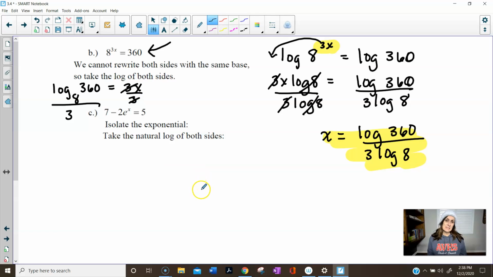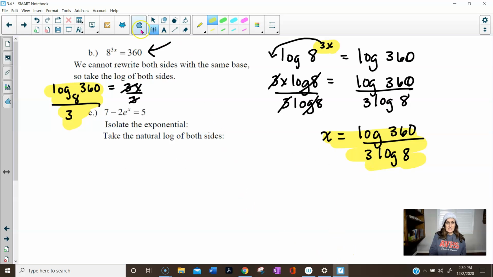The reason this method is useful is because on the calculator now, I can go to green alpha F2, and I can put in log base 8 of 360, divided by 3. That's going to tell me what x is. So without a calculator, these are my answers. Both of these are equivalent.